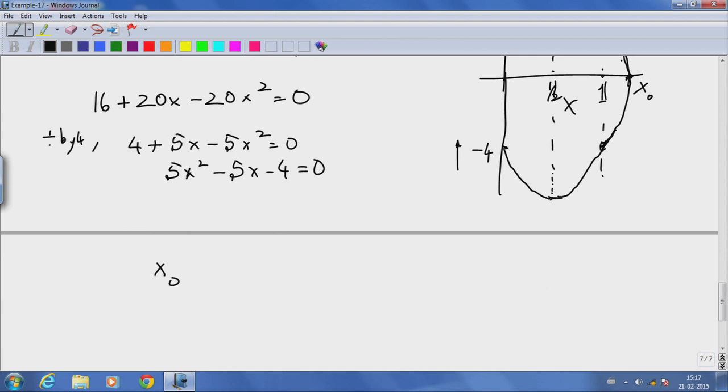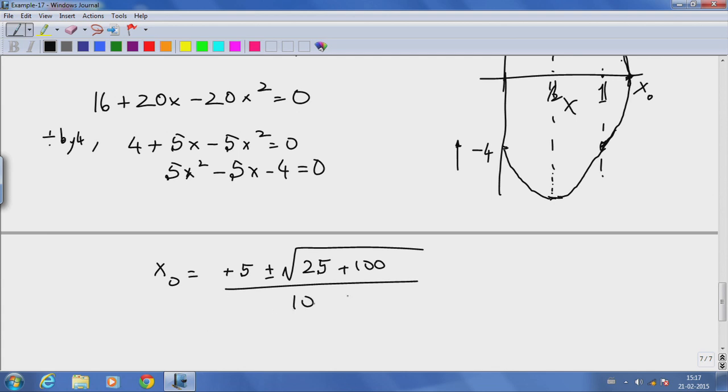So, the x naught is plus 5 plus or minus root of 25 plus 100, divided by 10.